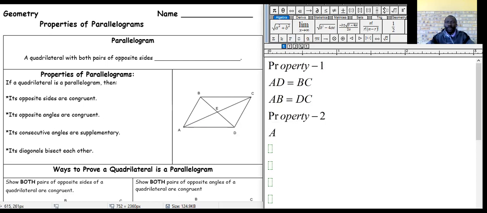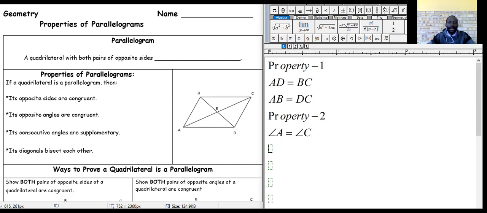Right here, we do have a representation for the angle at A. Angle at A equals angle at C. So we write it there, equals angle at C. What else?